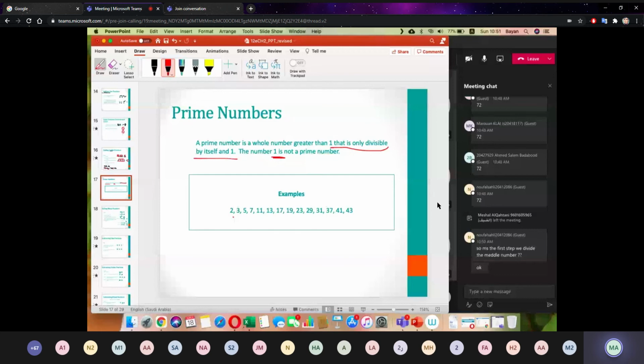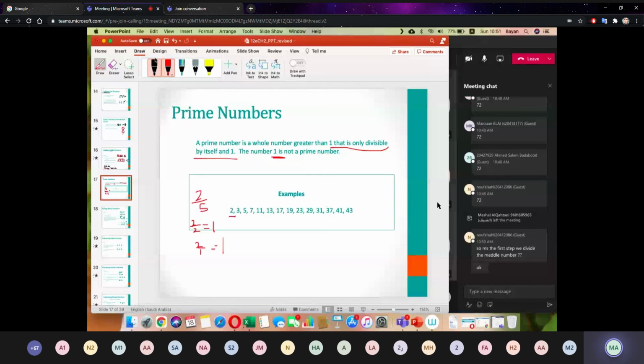If we divide 2 by 5, it will give you a decimal value, not a whole number. So 2 is not divisible by 5. We can only divide 2 by 2 and it gives you number 1, and you can divide 2 by 1, which gives you number 2.